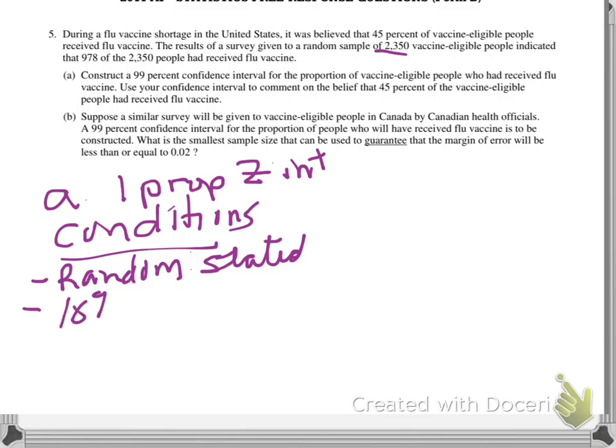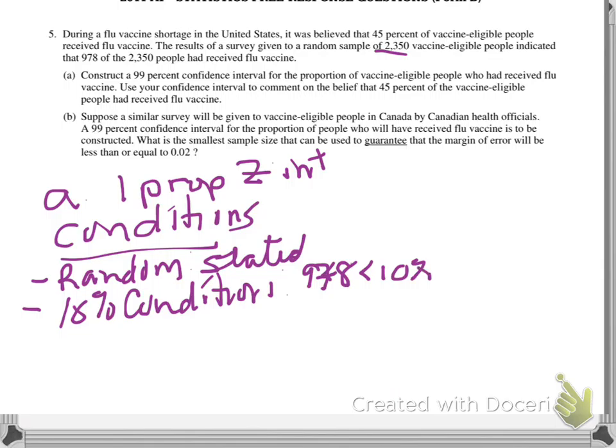So 10%. That 97978. That's less than 10% of vaccine eligible people.